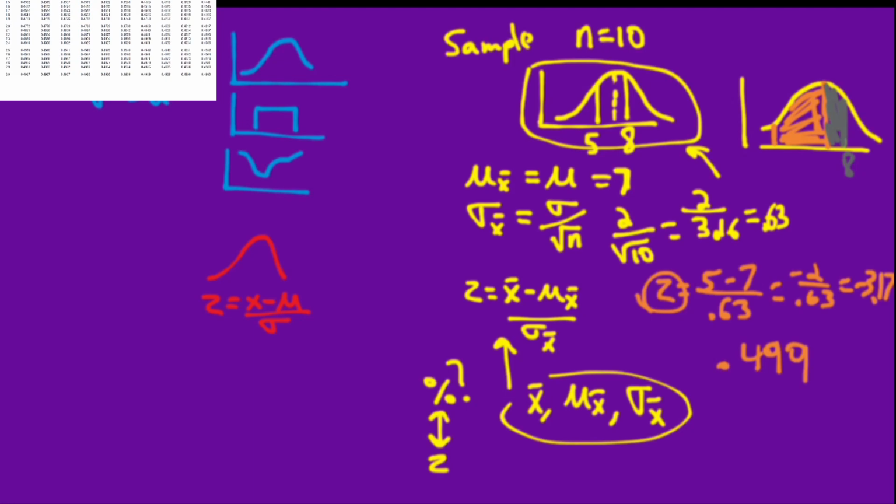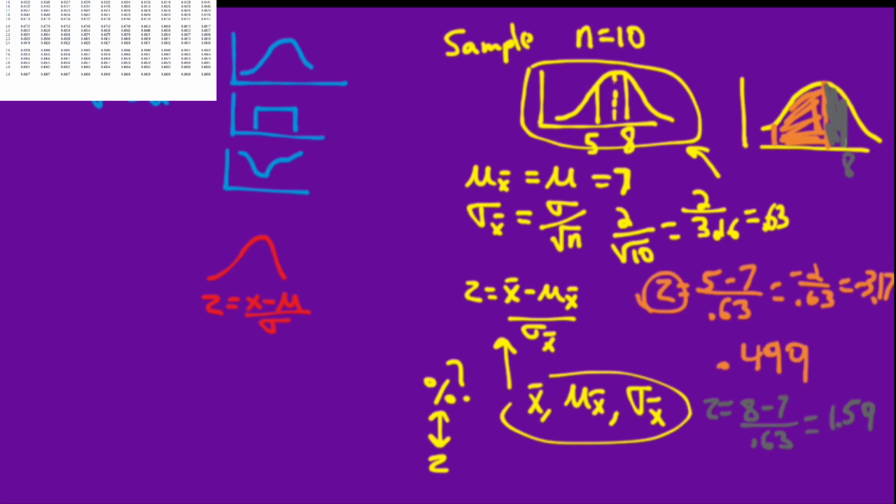And so to do that, we need to just redo the process. Z is equal to 8 minus 7 over 0.63, which is going to be, that is a 1.5, we'll call it 1.59 with a little rounding.